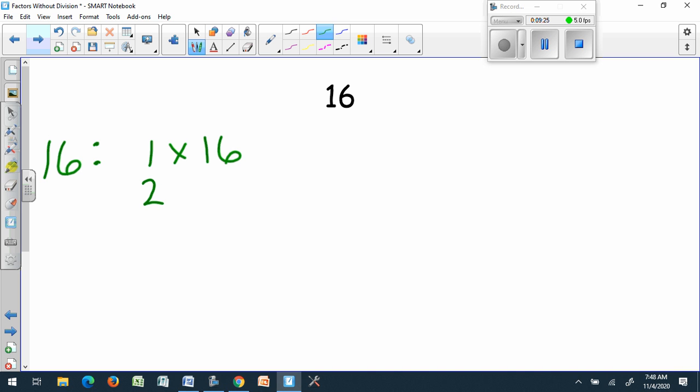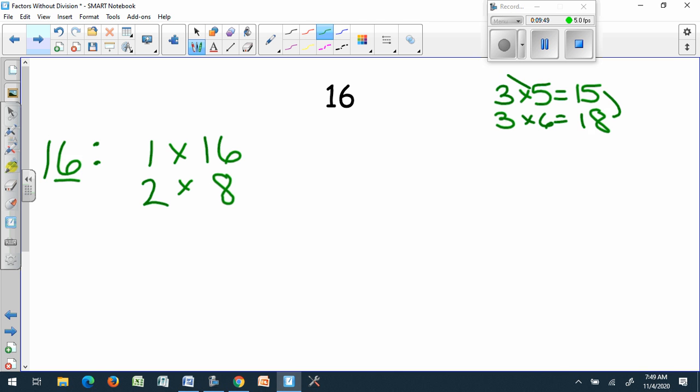Then I'm going to go to 2, and I know 16 is even, so if I think to myself 2 times what equals 16, or if I count by 2's, I know that it's 2 times 8. My next number would be 3. Well, if I listed my 3 facts, I know that 3 times 5 is 15, and 3 times 6 is 18. So there's no 16 in between those, so 3 is not a factor.